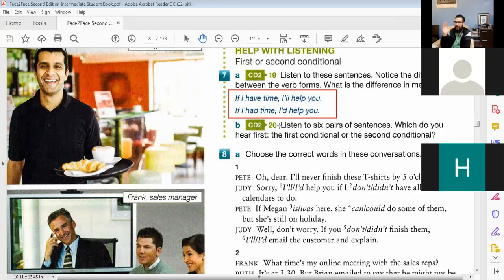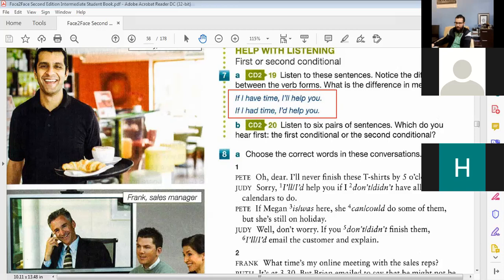In each pair, you're going to hear both the first conditional and the second conditional, but the order is going to change. Sometimes you'll hear the first conditional first, sometimes the second conditional first. Our job is just to say which one you hear first. If you hear the first conditional first, just say first conditional. If you hear the second conditional first, say second conditional. That's the idea.